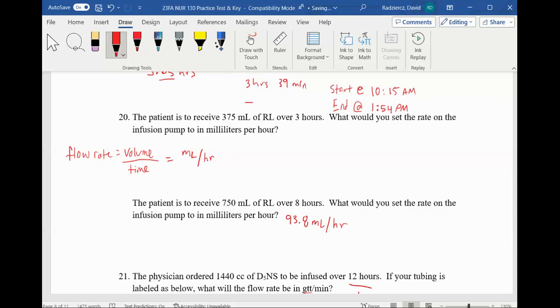There's a subcategory of flow rate called the drop rate. The drop rate is measured in drops per minute, and the abbreviation for drops is GTT. If you're wondering why it isn't DR, DR is the abbreviation for drams.